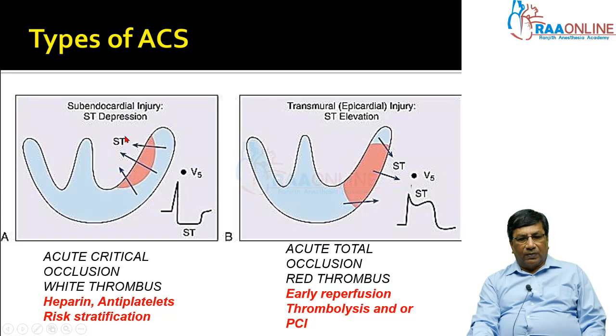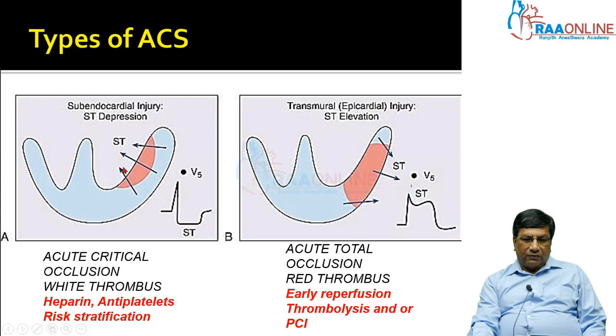You get a thrombus which can be critically occluding, which is rich in platelets. So most often non-ST elevation ACS is because the basic pathology is plaque erosion, critical occlusion, and also a white thrombus which is rich in platelets. So this is the pathology.